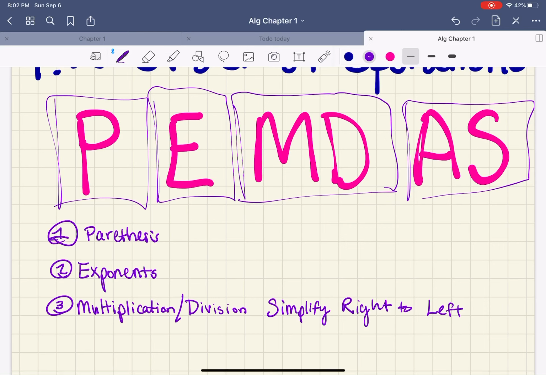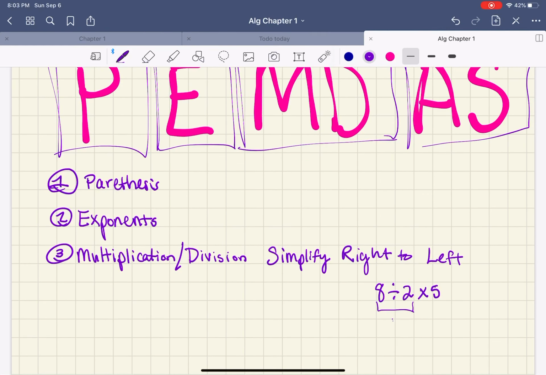So, like 8 divided by 2 times 5. I need to do 8 divided by 2 first because it's the furthest left. And then, after I've done that, so 4, I have 4 times 5, now I solve that, and it's 20.